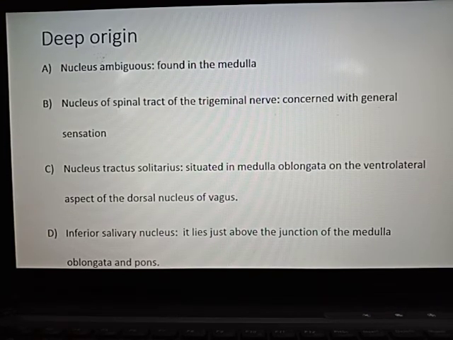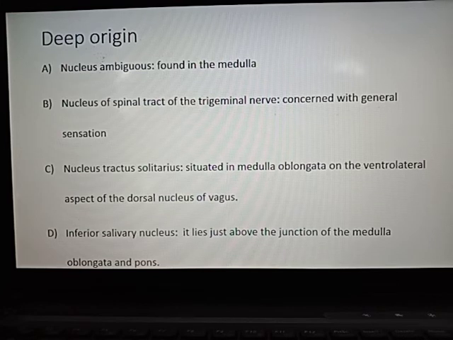And then the nucleus tractus solitarius is situated in the medulla oblongata on the ventrolateral aspect of the dorsal nucleus of the vagus. It receives the afferent taste fibers from the 7th, 9th, and 10th cranial nerves from above downward.